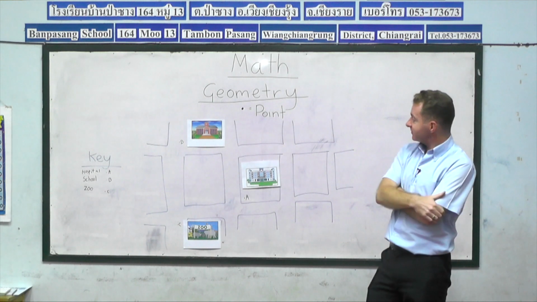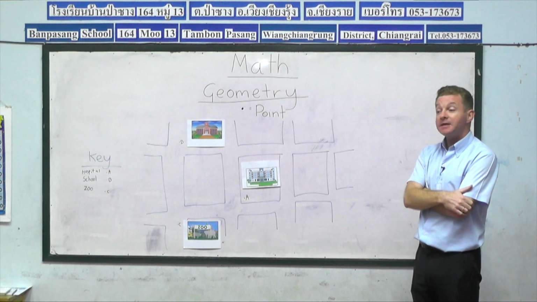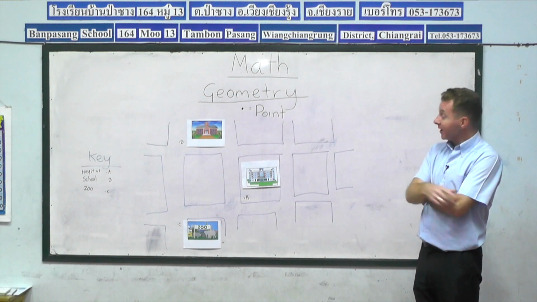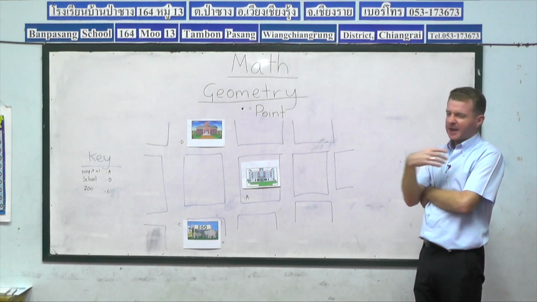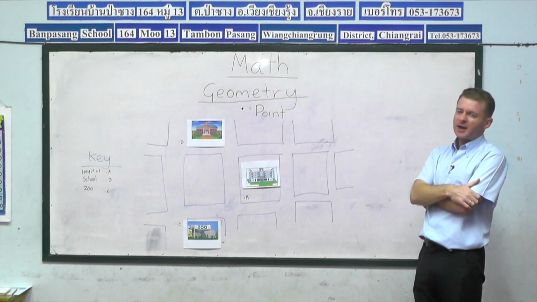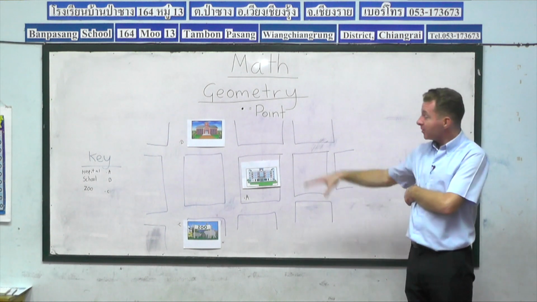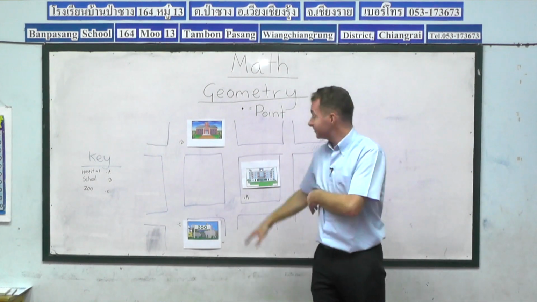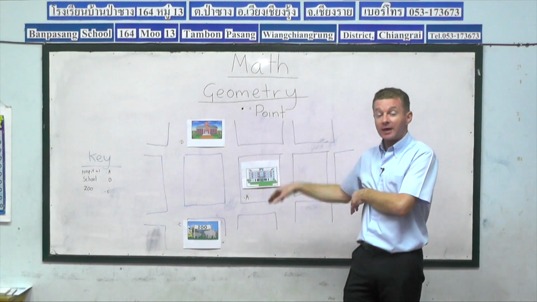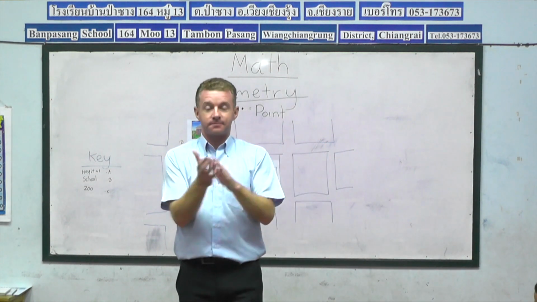Pak Bung, if I say to you, I will meet you at point C, where will I meet you? At the zoo. And now, if I say, I'm not feeling very well, I need to go to point A, where do I need to go? You see, our students now know, not by mentioning the names of the places, but by using the different points, they can go to different locations on the map. Guys, that was brilliant. Very well done.